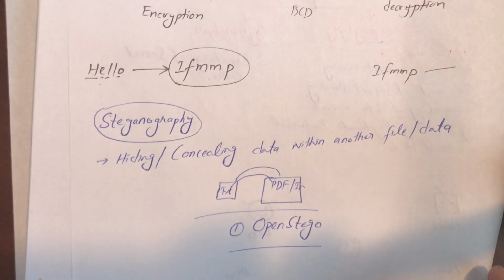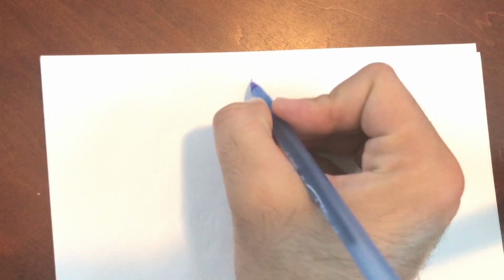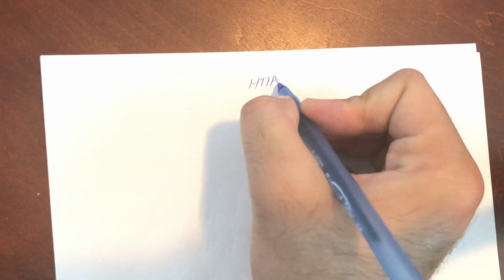So let's move on. There are a few definitions which I already explained to you guys, but let me quickly define those. And by the way, have you ever used cryptography? Of course, we have used cryptography whenever we use HTTPS.